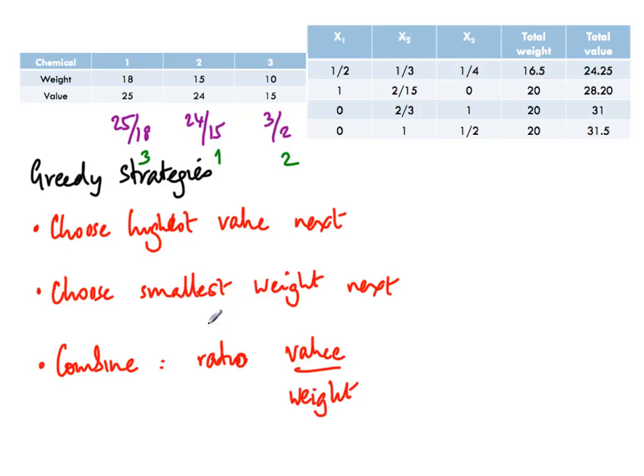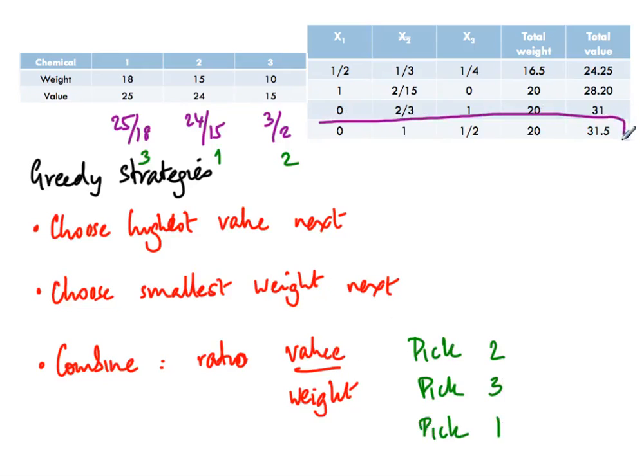So in this strategy, you will first pick chemical 2, then you will pick chemical 3, and then you will finally, if you still have space, pick chemical 1, and this corresponds in our example to the last choice. And it turns out that this strategy of picking in terms of unit cost, or combining the ratio, okay, choosing the ratio with highest value to weight next, is actually the optimum greedy strategy.